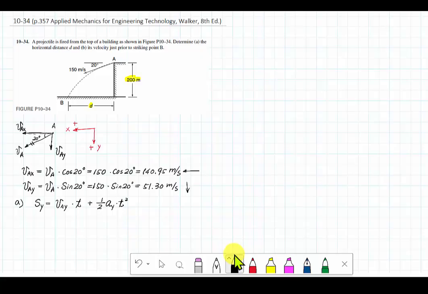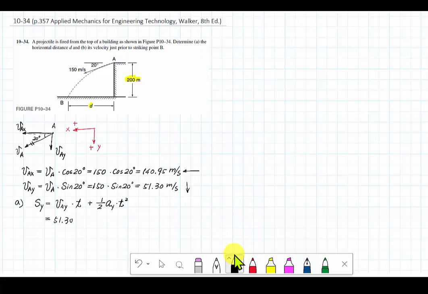As we said, the only force applied in the system is gravity. Therefore, gravity contributes to the y direction acceleration. Now we decided that the y direction going down is positive, therefore for VAY we're using the positive number.